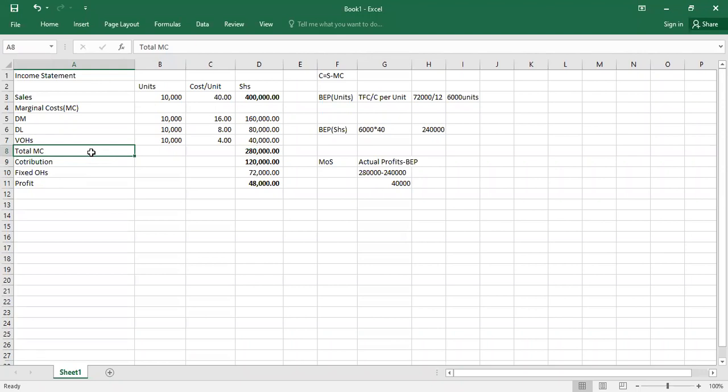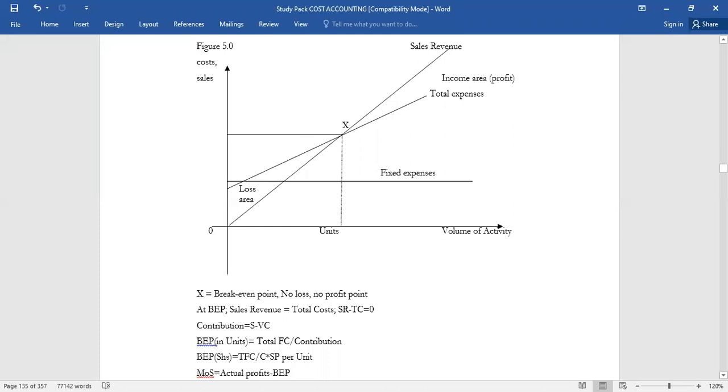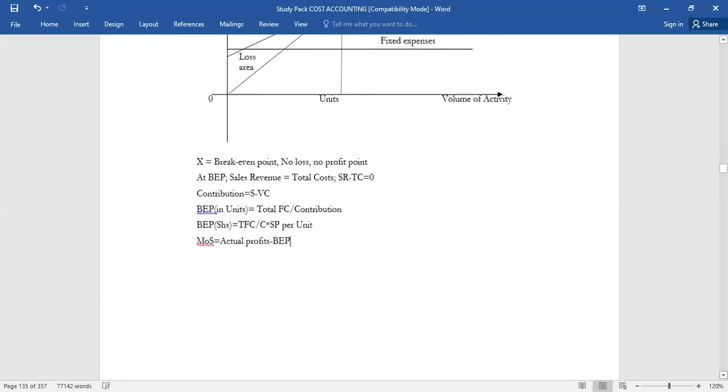We are confused. Our total marginal cost is, let me take you back to the diagram I was illustrating. It's a bit confusing. So this is the diagram. Let me go to the second diagram.